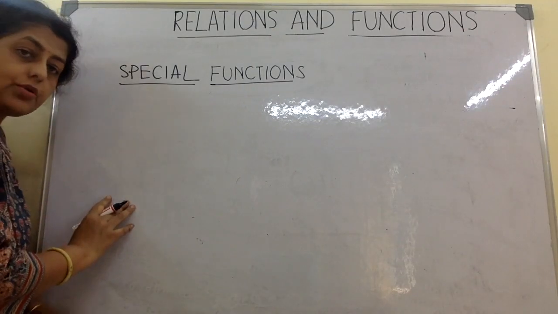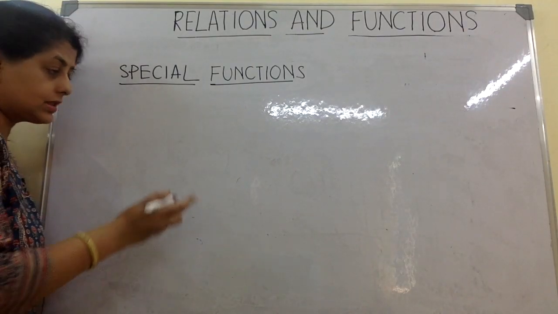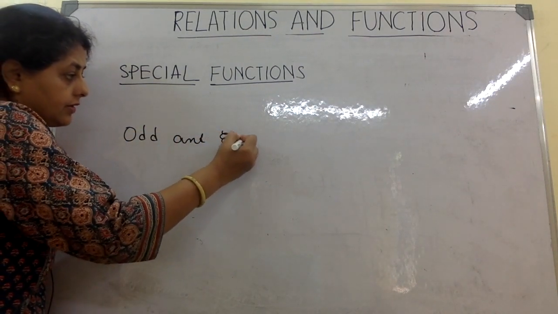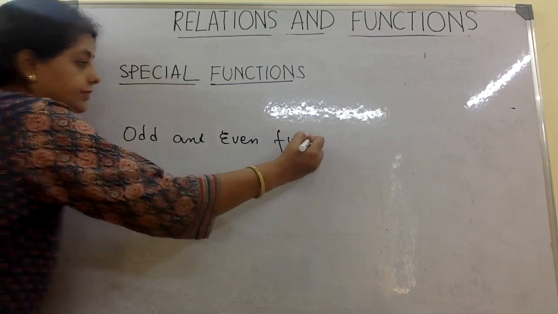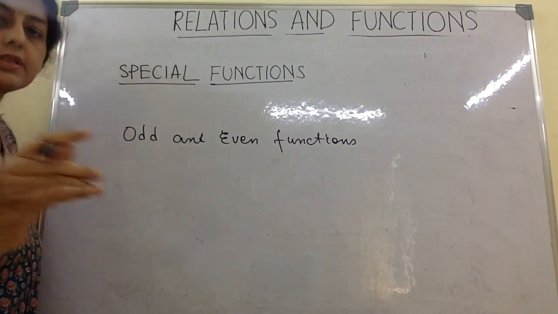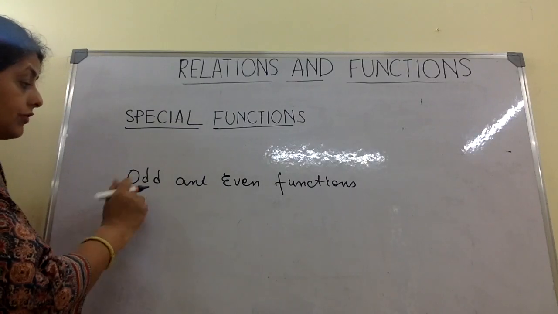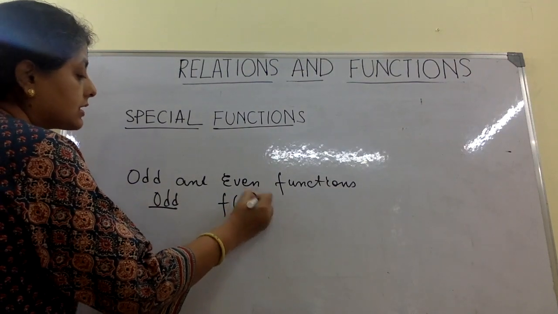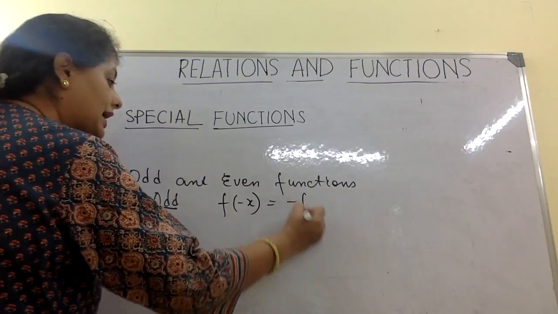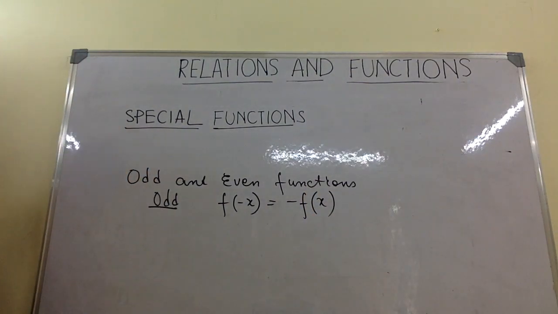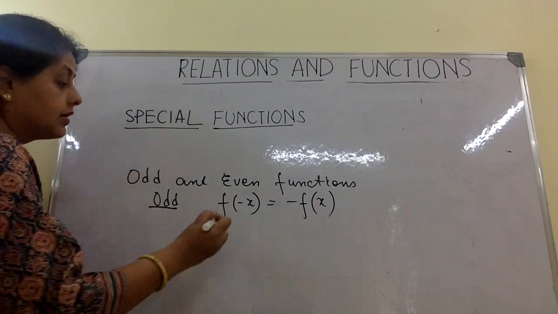Now let me talk about odd and even functions. What are odd and even functions? For odd functions, f(-x) is equal to -f(x). I'll give an example, then you will understand.